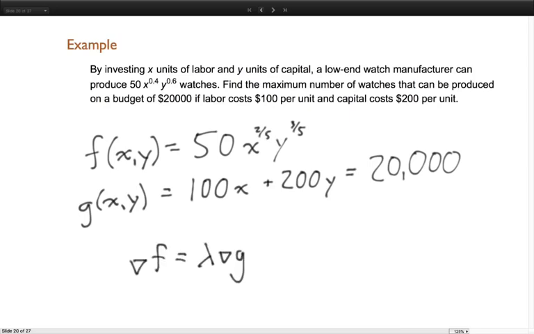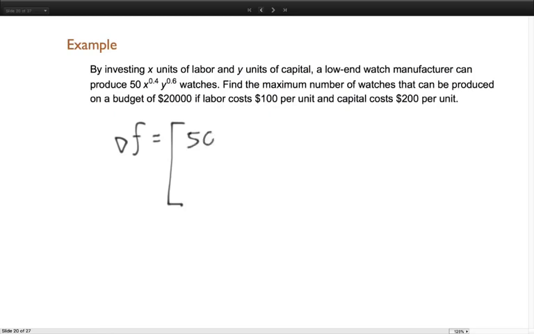So we just set up the equation. Gradient of f is lambda times gradient g, where lambda is some unknown scalar. So we need to compute the gradient, and we go through it, find our partial derivatives with respect to x, simply the power rule. So you see that the 2/5 comes out, and the exponent gets reduced to minus 3/5. And again, you can kind of see these opposite sign exponents there.